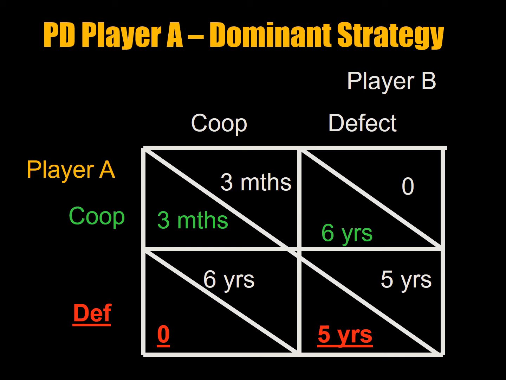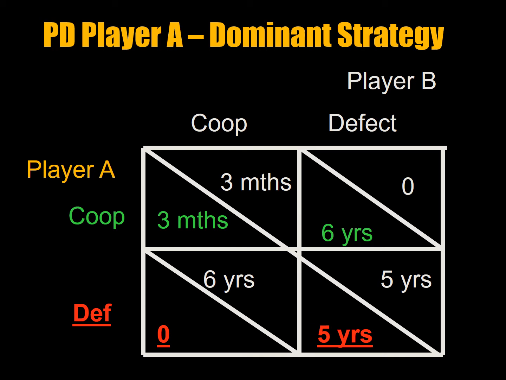So let's compare defection and cooperation. We compare the payoffs with respect to the other player's strategy. So let's take a look at the column of cooperation for player B. We can see that player B's cooperation column has the payoff for player A for cooperation and defection.